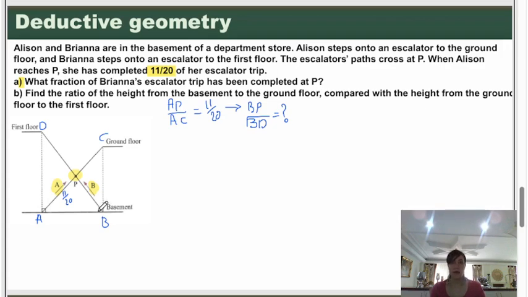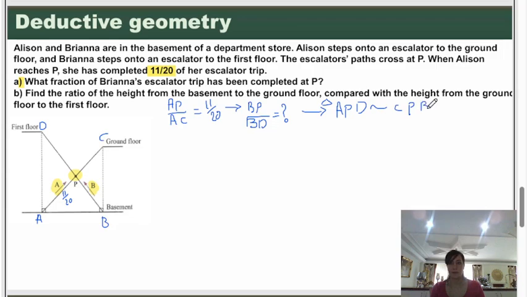First of all, I try to use these two triangles, APD and CPB, to show the fraction of this trip. Triangle APD is similar to triangle CPB.